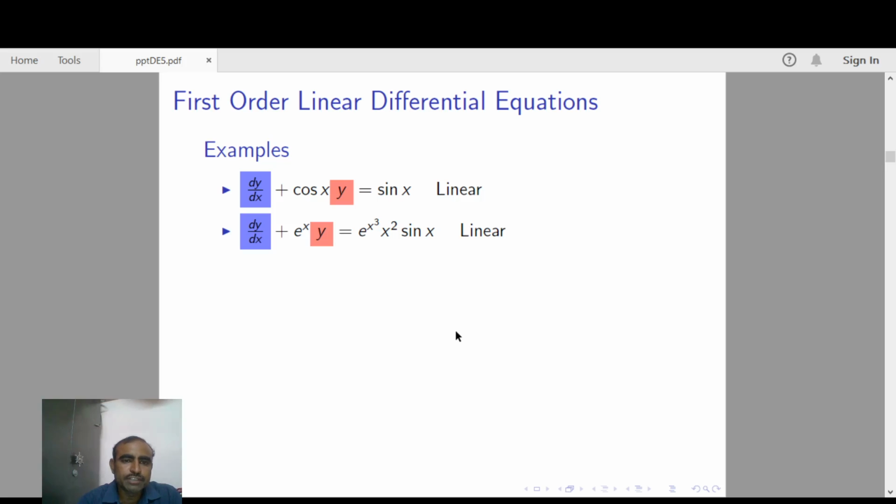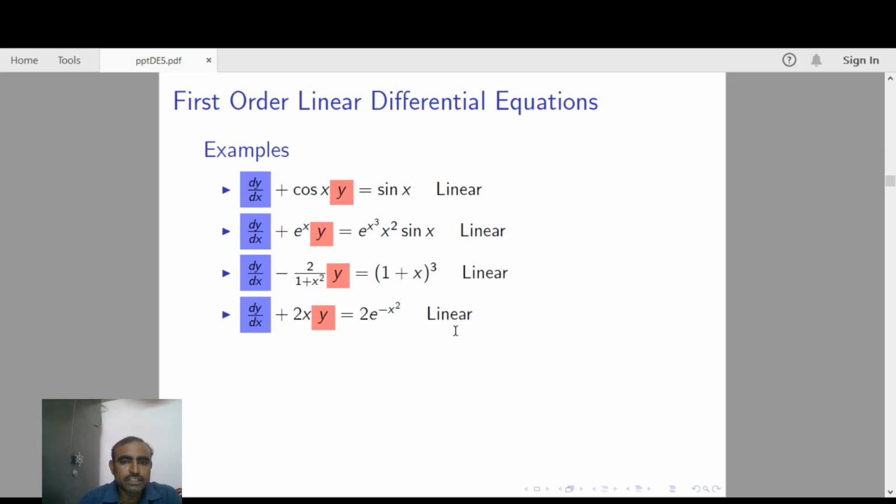This is also linear because we have a first order derivative and the degree of y is 1, and the remaining are functions of x, so it is linear in y. And dy/dx + 2x · y = 2e^(−x²) is also a linear differential equation.